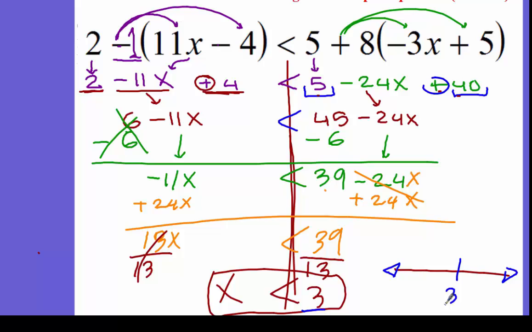A circle is supposed to go around that number, the 3. Since we have no equality sign at the bottom, we do not shade in the circle. And this is less than, so it's going to be on the left of the 3, and you go in the opposite direction. That's how you draw your number line.